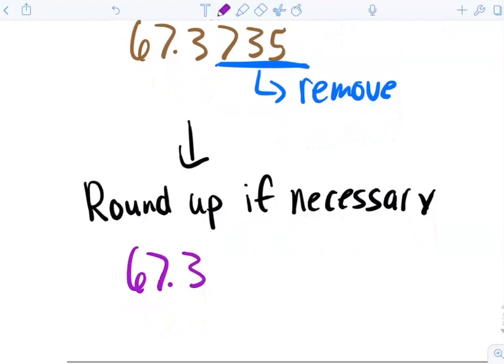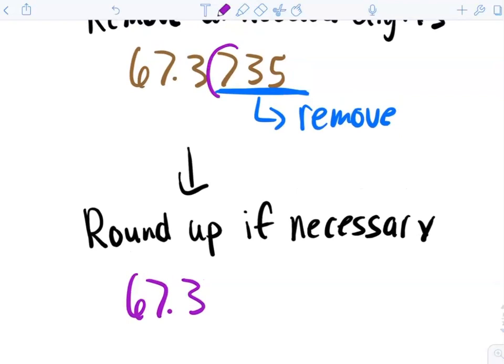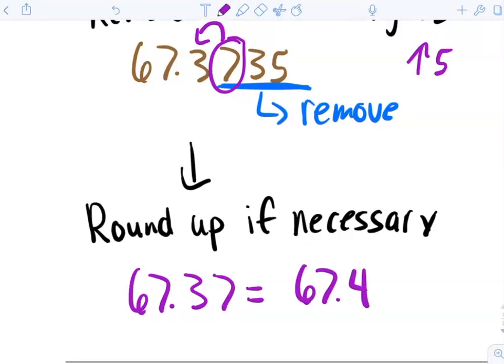I then am going to look at this digit that is beside of it. So in this case, it was a 7. If it is greater than 5, that means I'm going to round up, or I'm going to kick that number up. So 67.37 is really going to be 67.4.